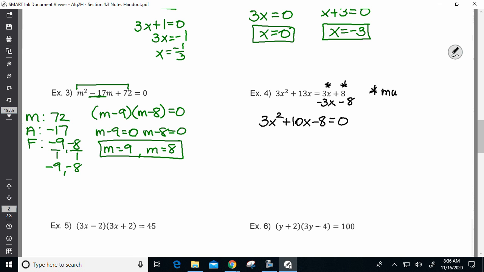So just as a side note for yourself, must get equation equal to 0 first. That's definitely for factoring and for using the quadratic formula. Square roots, you don't need it equal to 0. Completing the square, you don't need it equal to 0. So, get the equation equal to 0 first.